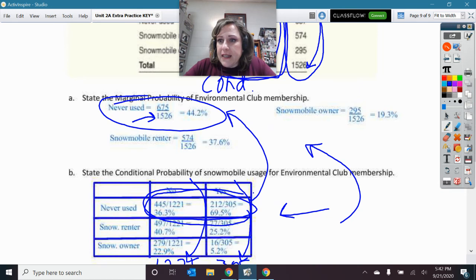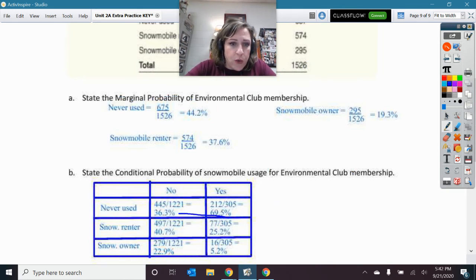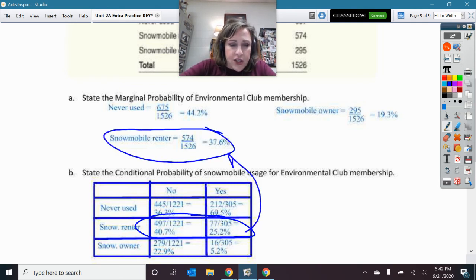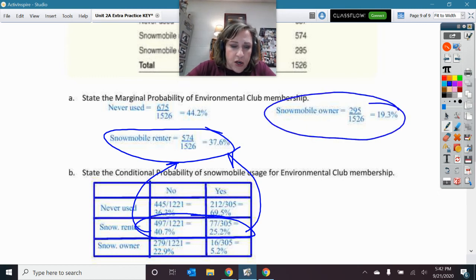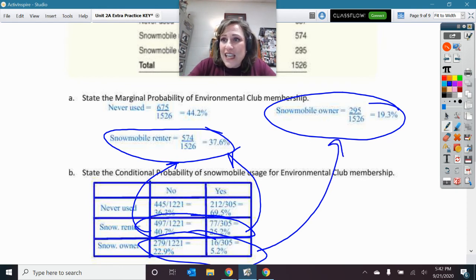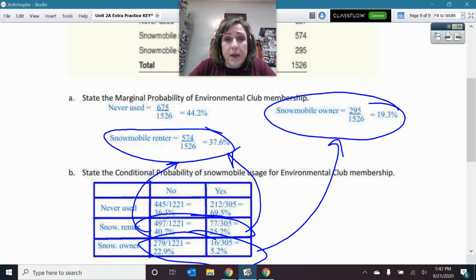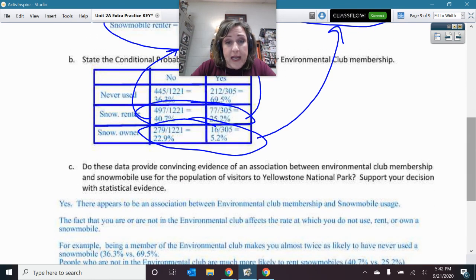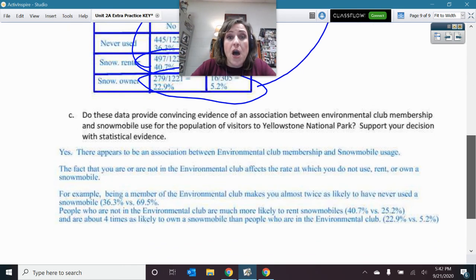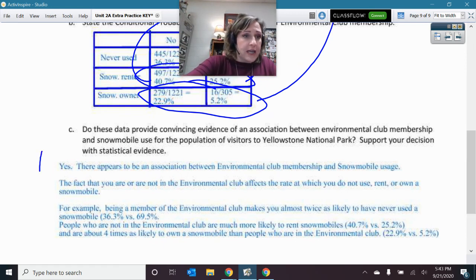And in the other ones, you are definitely less likely to have rented if you're in the environmental club, more likely to have rented if you're not. And look at this here, so much different proportions owning. So the fact that you are in the environmental club is definitely changing the rate at which you are doing things.